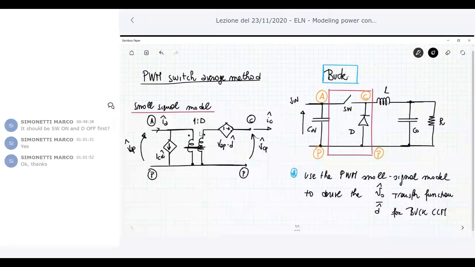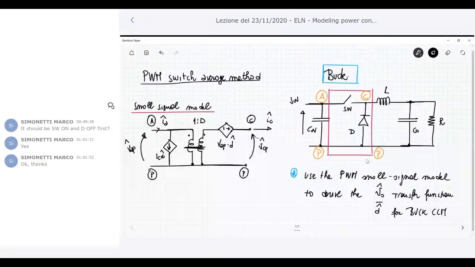Okay, so my goal today is to use these small signal models, the AC model derived by using this technique, for the buck converter. Here on the right-hand side of the page, you can see the buck converter, in which I highlighted in the red box the switch network.